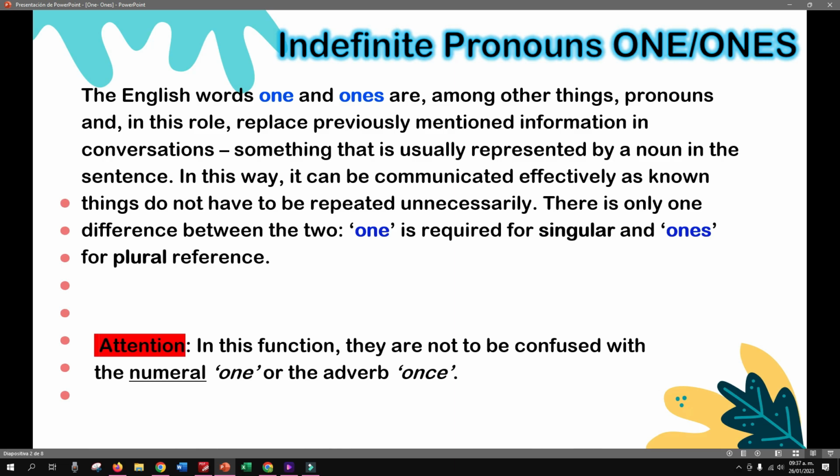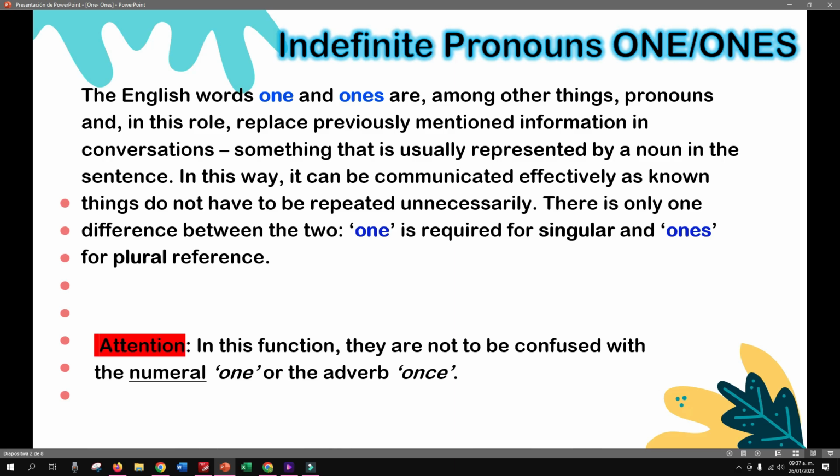Attention, in this function, they are not to be confused with the numeral one or the adverb ones. Okay, you just need to check in this case the sentence, the paragraph, etc., in order to know if you are using a number, the number one, or if you are using the indefinite pronouns one and ones.